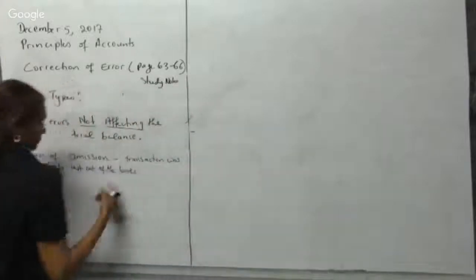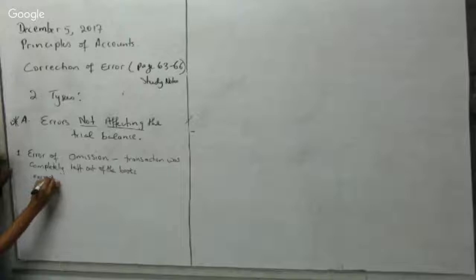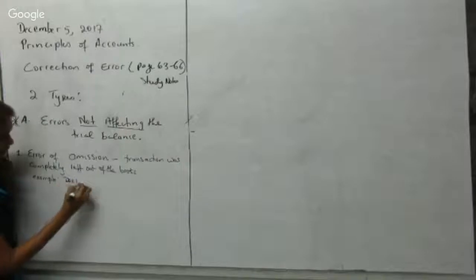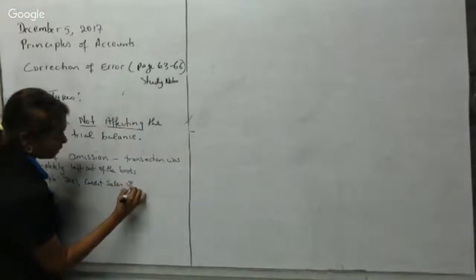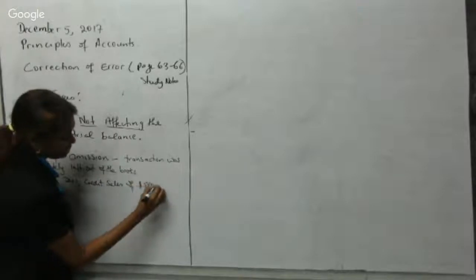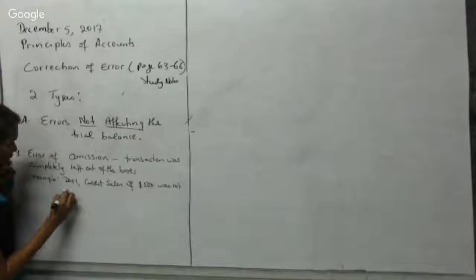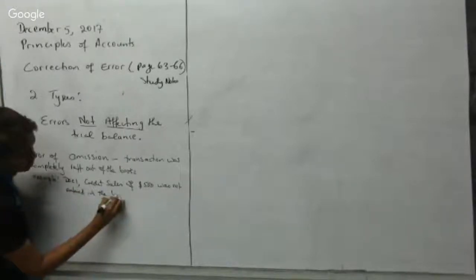All right, so let's say, for example, we were told that on December the 1st, credit sales of $500 was not entered in the books.